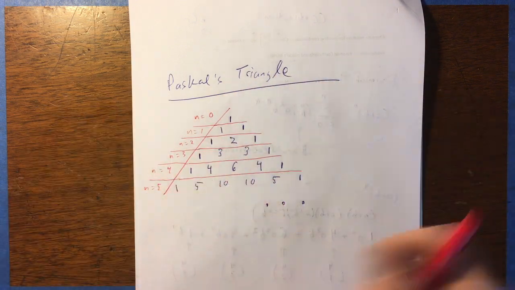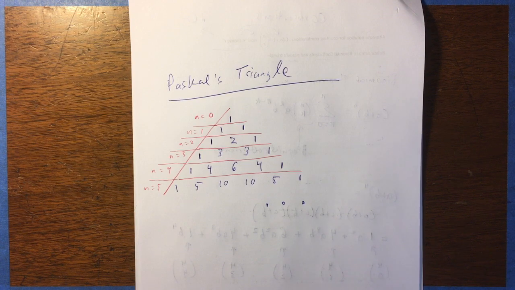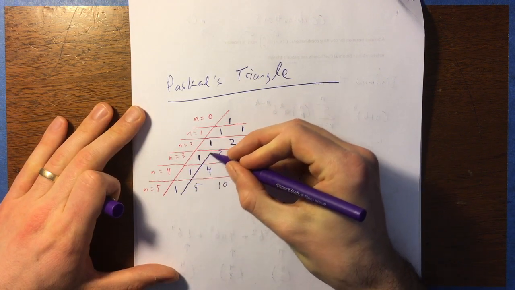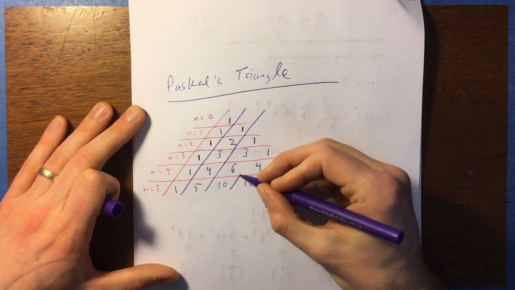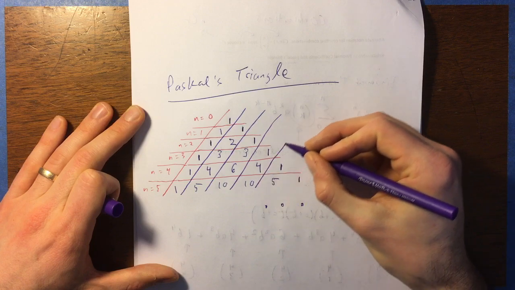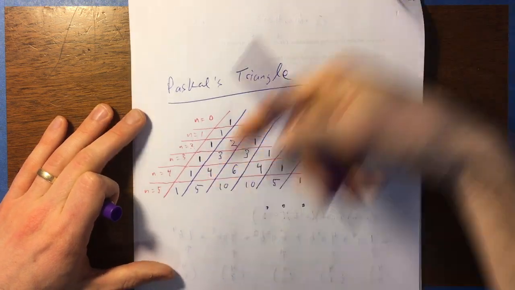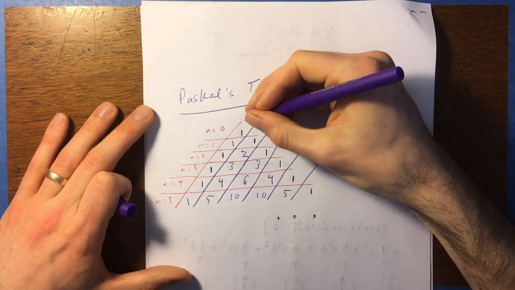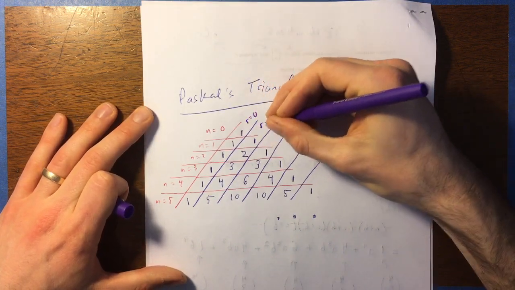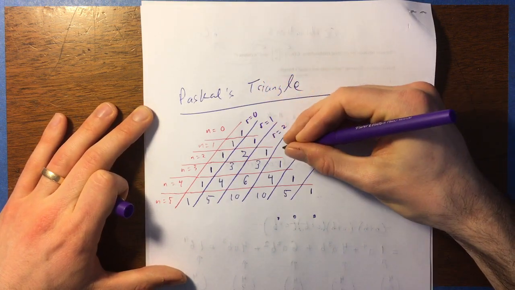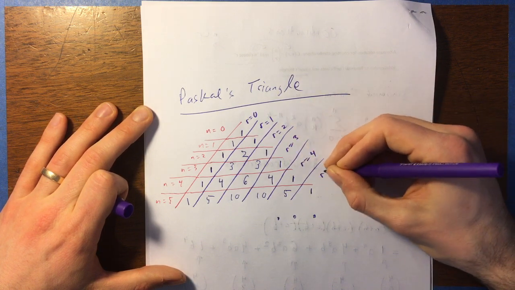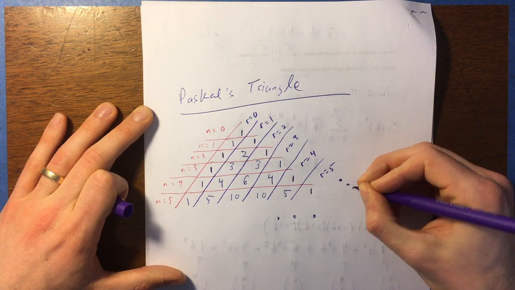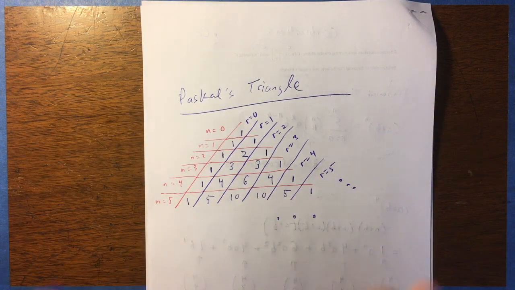And then if we go the other direction, like this, these columns correspond to the values of r. So this is r equals 0, r equals 1, r equals 2, r equals 3, r equals 4, and r equals 5, and so on. This will go on forever, and this will go on forever.